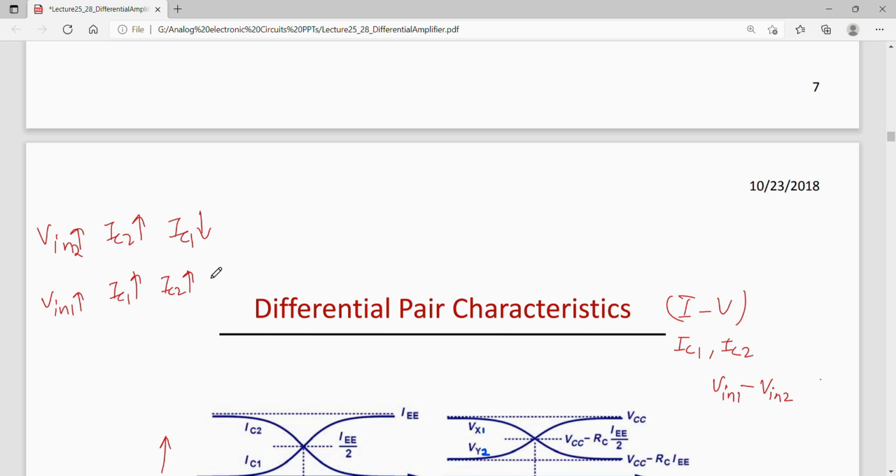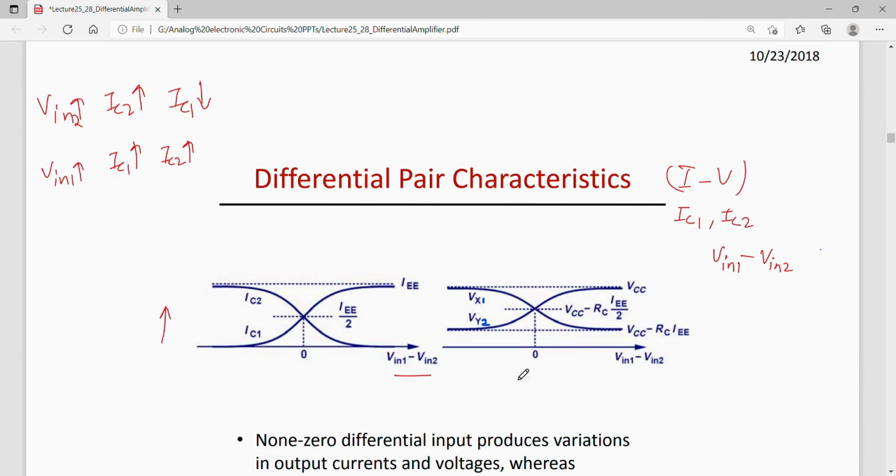On the x-axis, since we are plotting V in 1 minus V in 2, this is the point where V in 1 and V in 2 are both equal, or V in 1 minus V in 2 is 0.